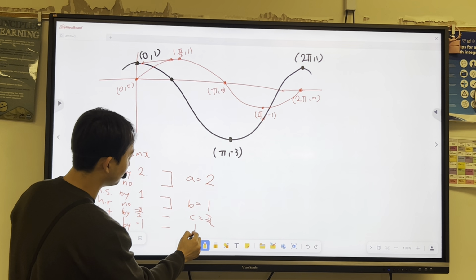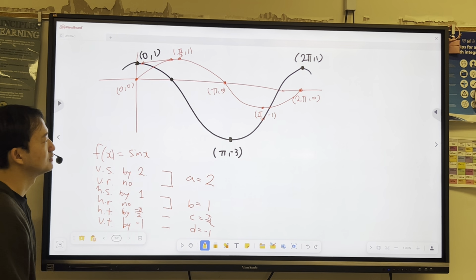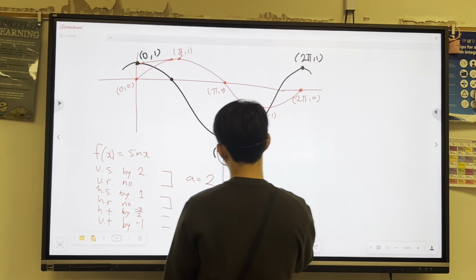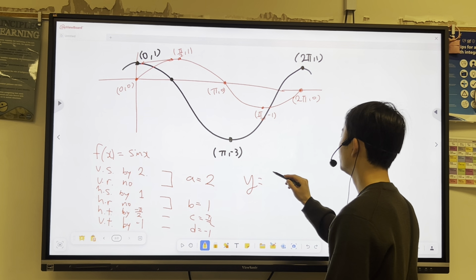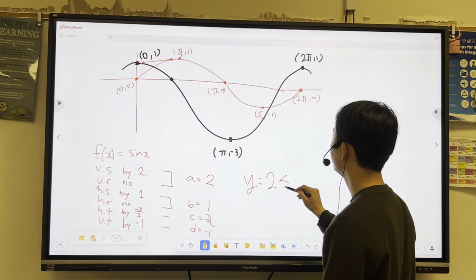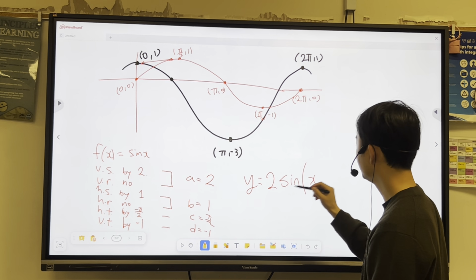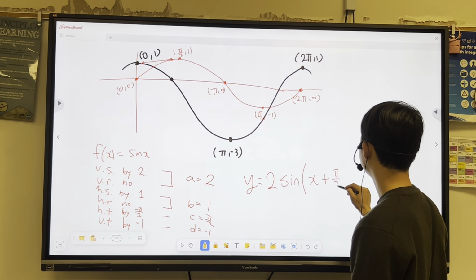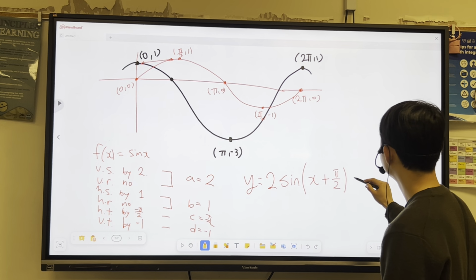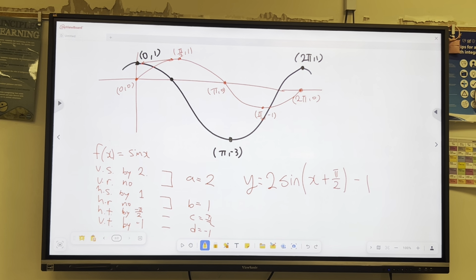And my D value, -1. So my final answer, y is equal to 2, my base is sine, B is 1, C is pi/2, and D is -1. So voila.